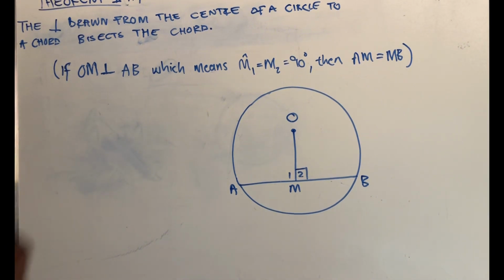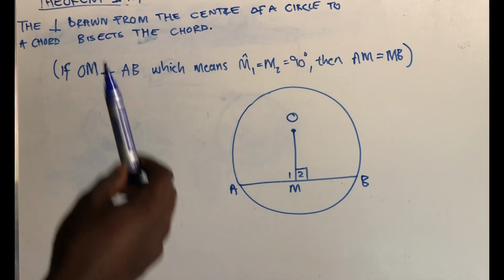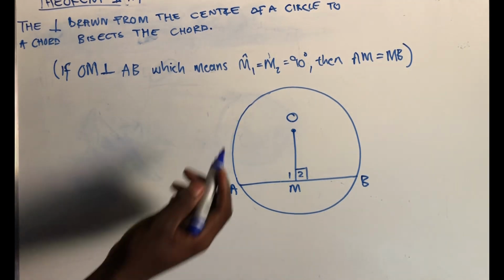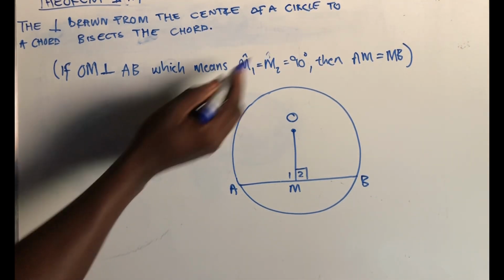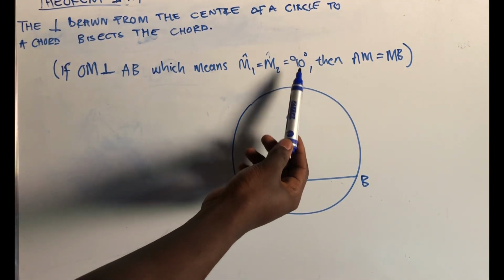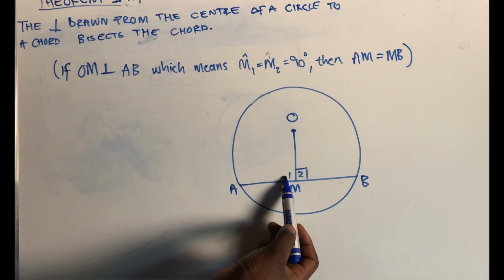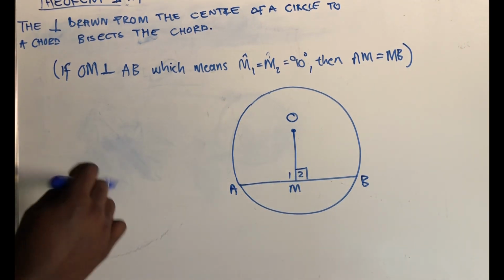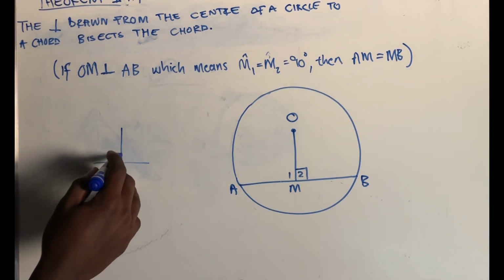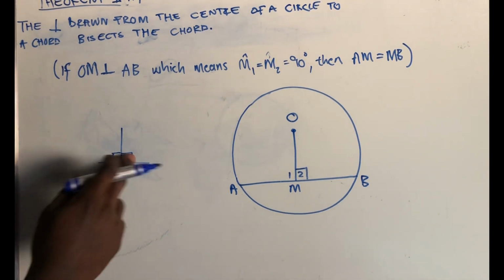So the theorem says if OM is perpendicular to AP, that means angle M1 and this other angle M2 are both equal, and they equal 90 degrees. Here we see that there's angle M1, M2, and we've just mentioned that where perpendicular lines meet, they form a 90-degree angle on both sides.